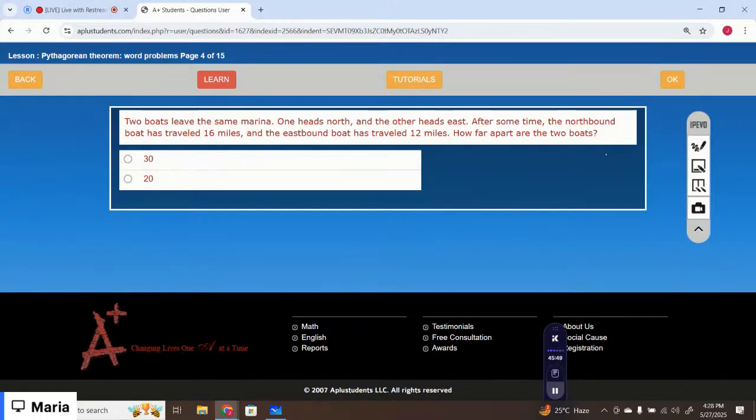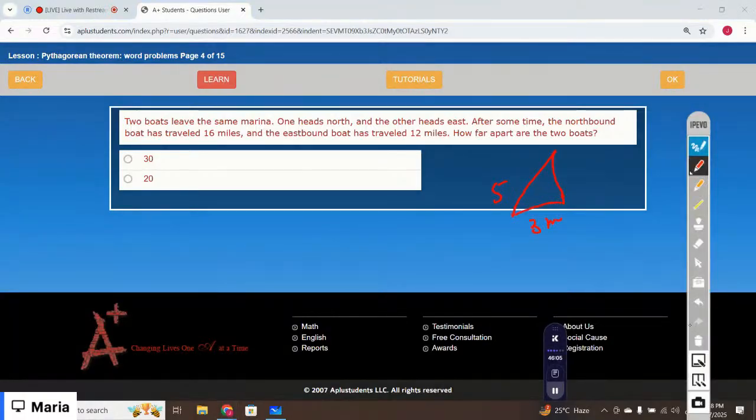Two boats leave the same marina. One heads north and the other heads east. After some time, the northbound boat has traveled 16 miles and the eastbound boat has traveled 12 miles. How far apart are the two?